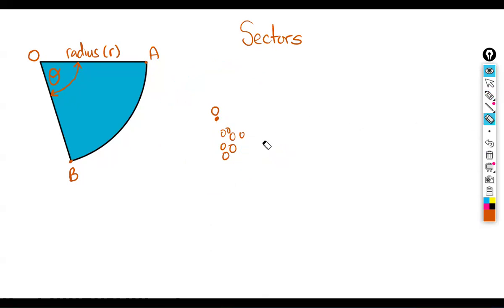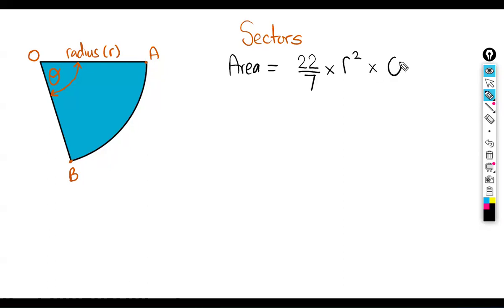So how do you find the area of a sector? Well, to find the area of a sector, you have to take pi, right? Which is 22 over 7, right? Multiplied by the radius squared, multiplied by the angle, right?